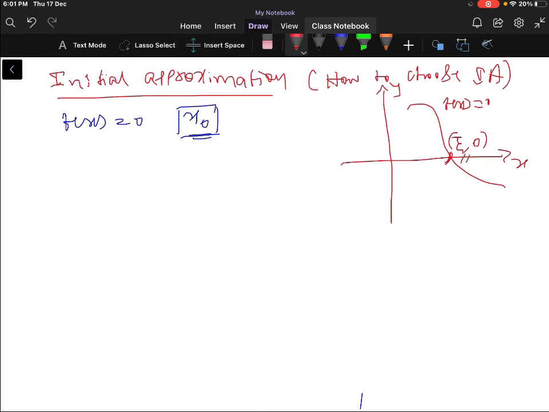So any value in the neighborhood of xi is an initial approximation. Let us take x naught as the initial approximation of the root xi.